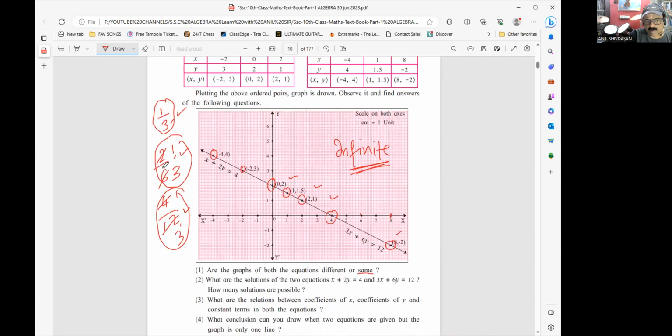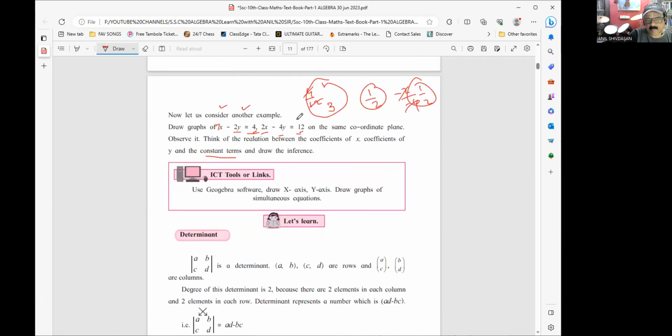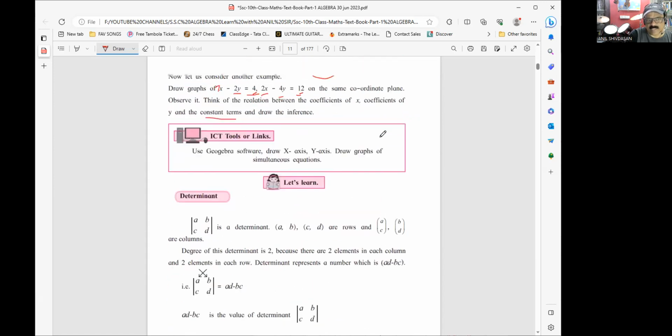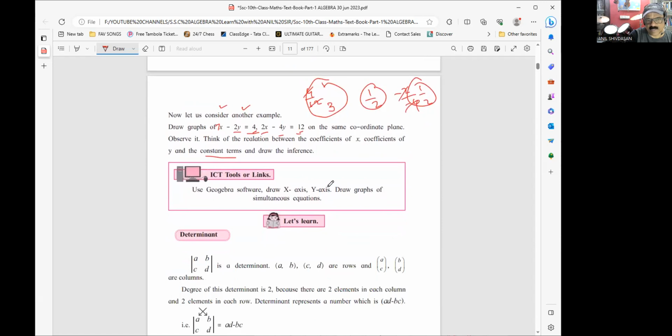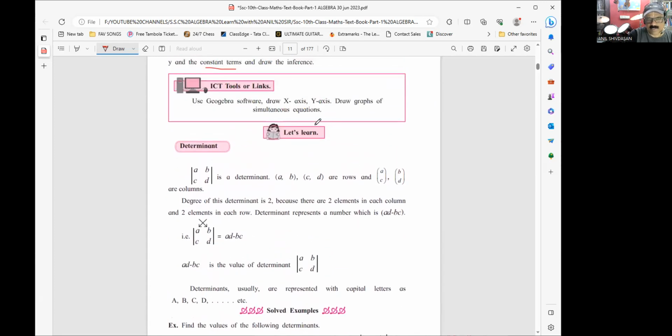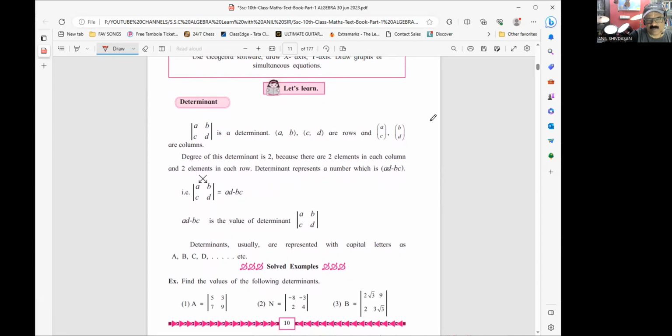And when the coefficients of x and y are equal and the constant is not equal, meaning 4 upon 12 is 1 upon 3, then you get parallel lines. You don't get lines which intersect with each other. So that's clear about the graphical method.